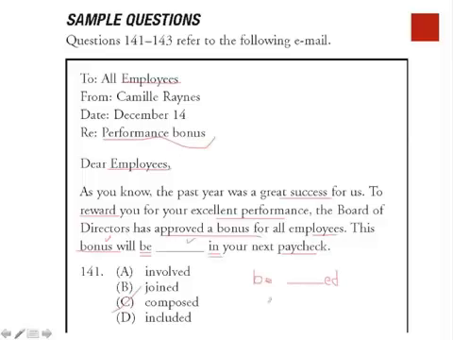Well, in this case, we do see that we're using a verb idea, but in what way? Well, in this case, it appears to be that we're using a verb in the passive voice. So what we're looking at first is which particular verbs make sense to be used in the passive voice in this context.